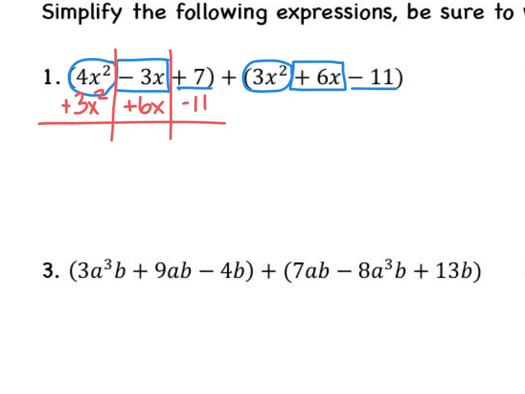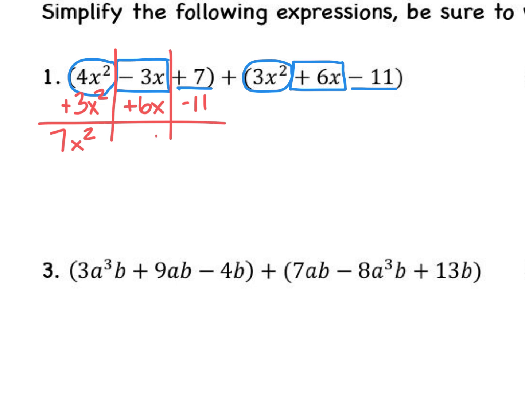So now, whichever way you want to do it, how many x squares do we have? 4 plus 3 is 7x squares. We're not changing the variable or the exponent, okay? Because we're just putting them together. Now be careful here. Negative 3x and positive 6x.